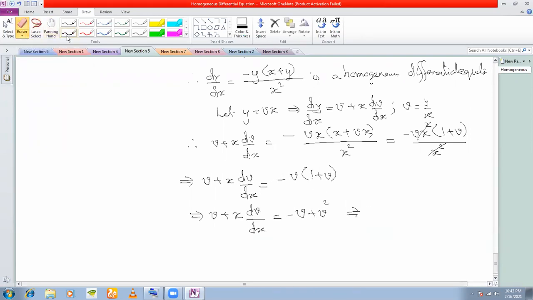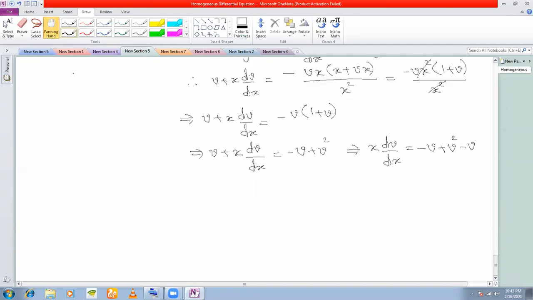If you take v to the other side, you get x dv/dx is equal to minus v plus v square minus v. Clear? So you get x dv/dx is equal to v square minus 2v. Now you can write this as dv by (v square minus 2v) is equal to dx by x. Now integrate both sides.